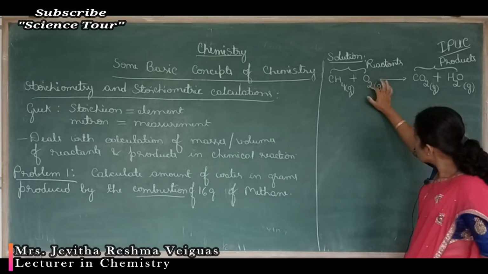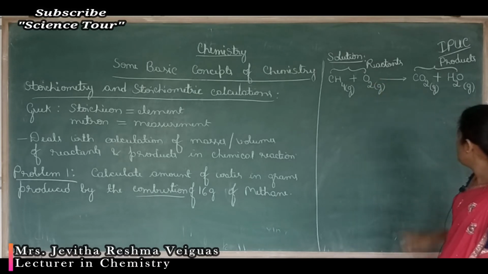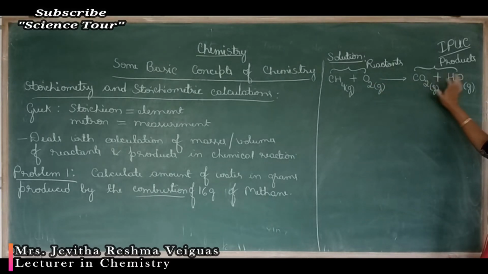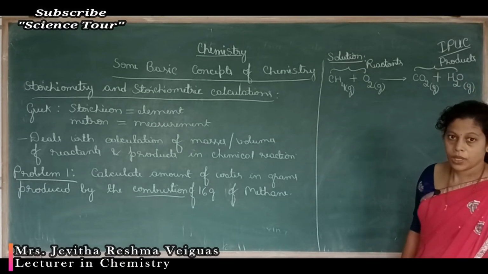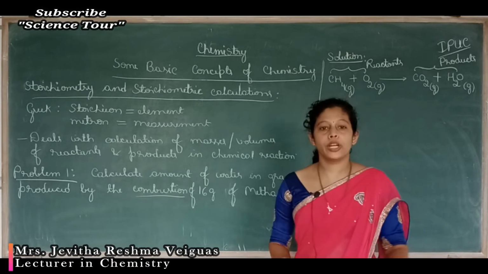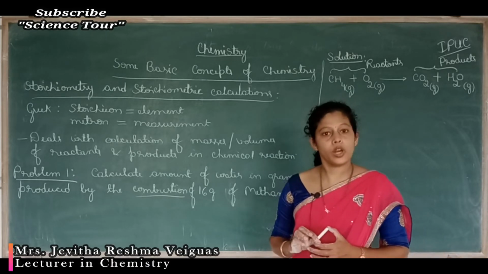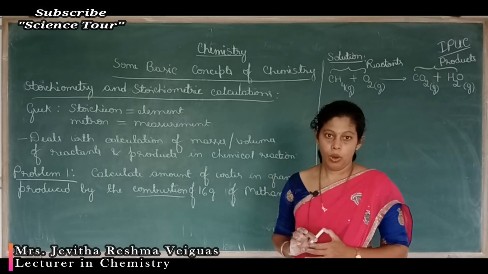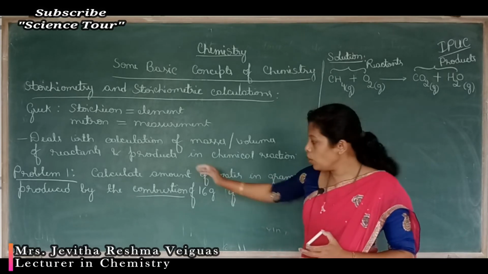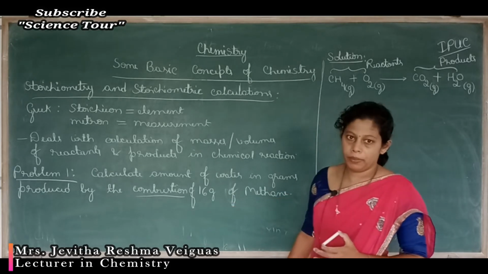You have 2 oxygen atoms on the left side, but you have 2 and 1, totally 3 oxygen atoms on the right side. That means the number of hydrogen atoms and oxygen atoms are not balanced. So first make them equal on either side of the equation, then only you can solve this problem.